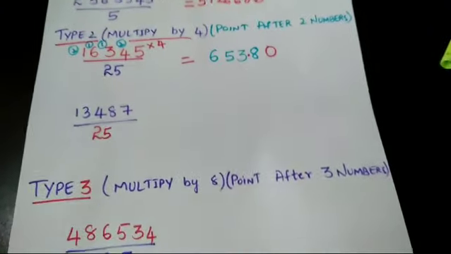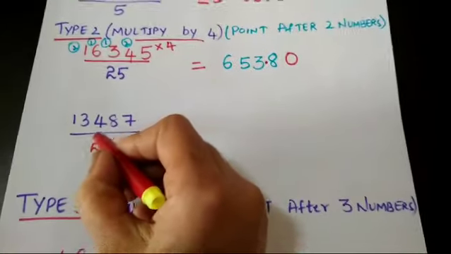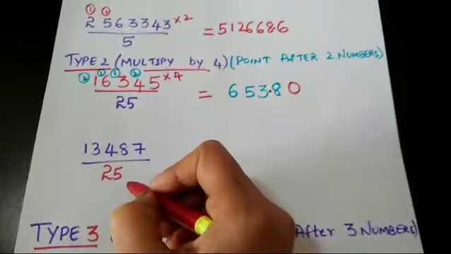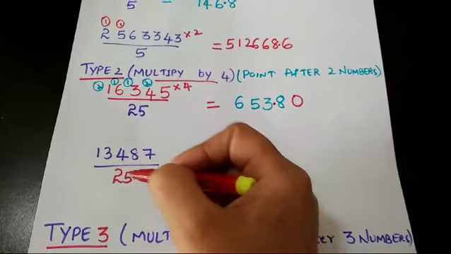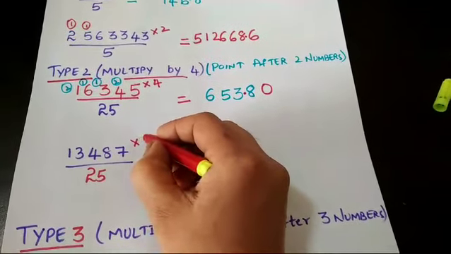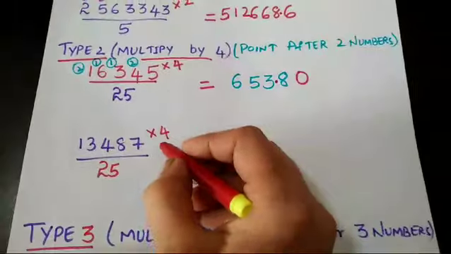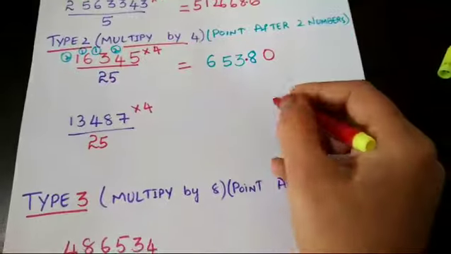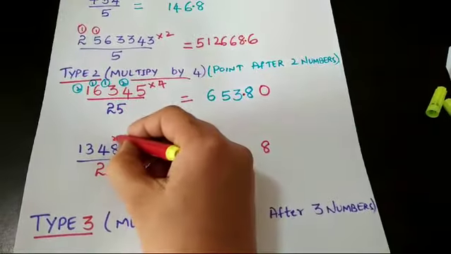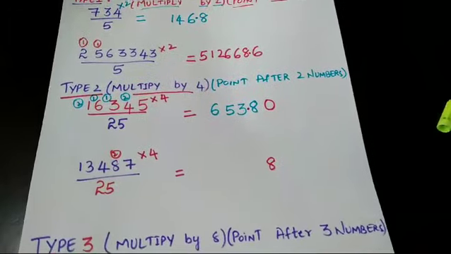The given number is 13,487 divided by 25. See, even if you don't know division, you can solve this problem just by multiplying by 4. 4 7s are 28. I'll write here 8 and 2 is the carry to the next number.